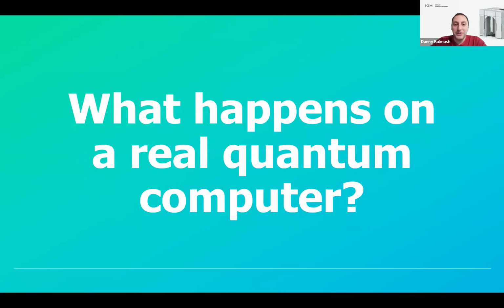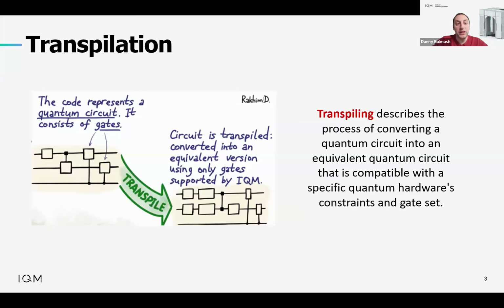All right, so what happens on a real quantum computer when you run a circuit? The code that we've been writing over the past couple of days represents a quantum circuit, and it consists of a bunch of gates, right? You put in Hadamard gates, you put in X gates, you put in CNOT gates, all these sorts of things. Then the circuit is converted into a different circuit.